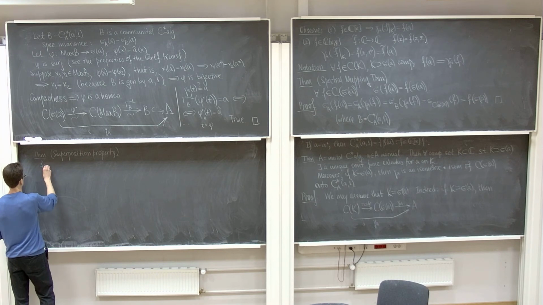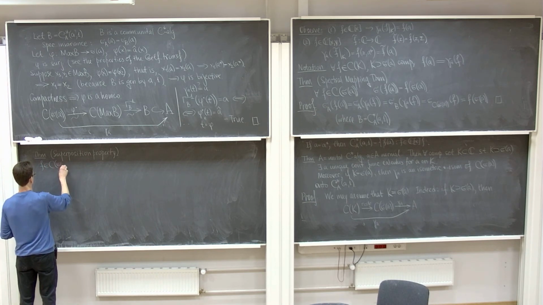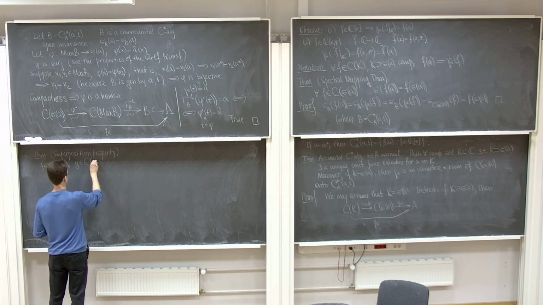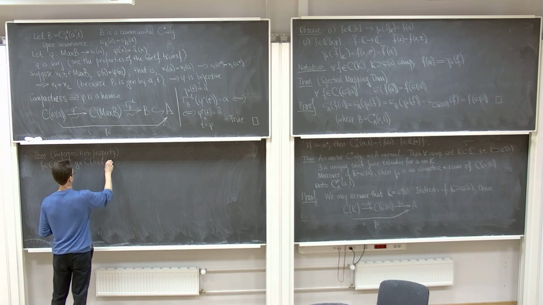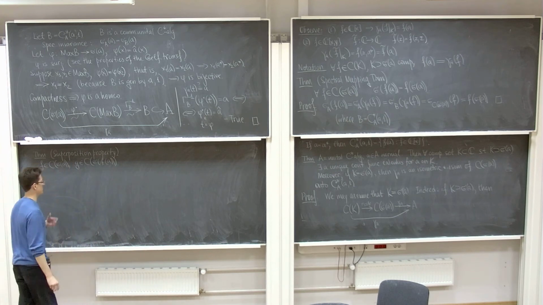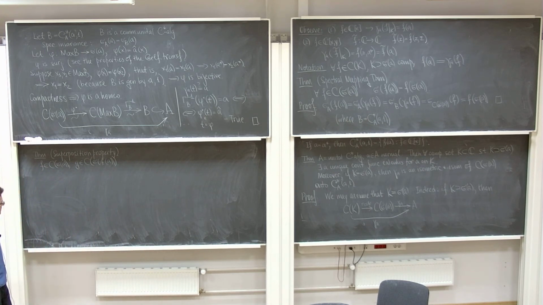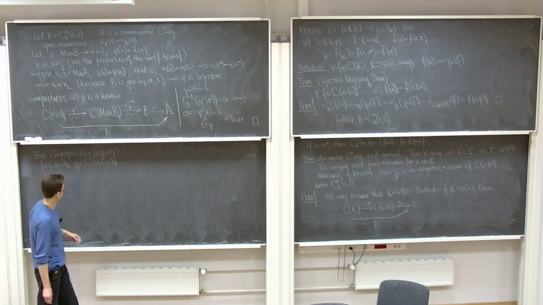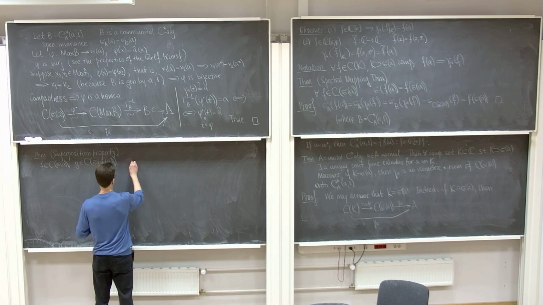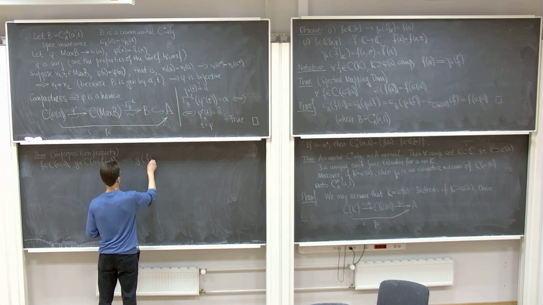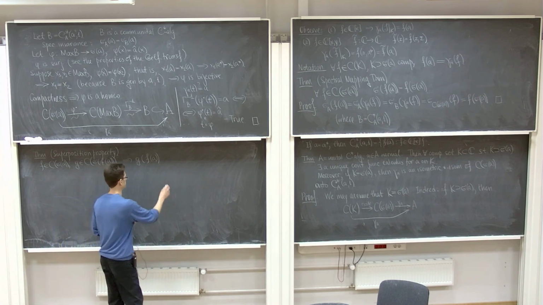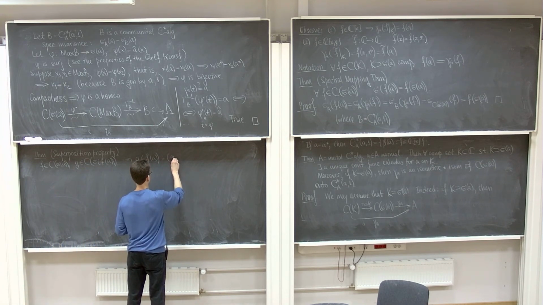Suppose that f is a continuous function on the spectrum of A, and suppose that g is a continuous function on the spectrum of f of A. So f of A is also easily seen to be a normal element. So we can apply g to f of A. So this is well defined. I claim that this is nothing but the composition of g and f applied to A.